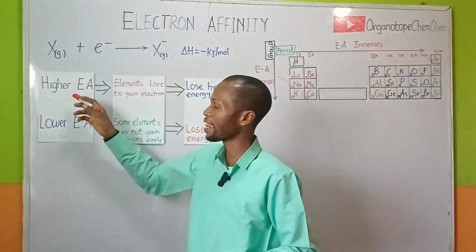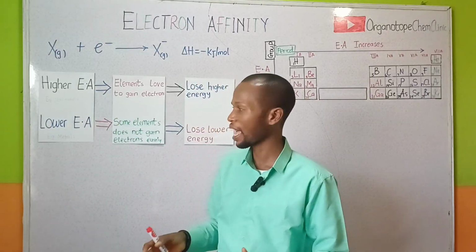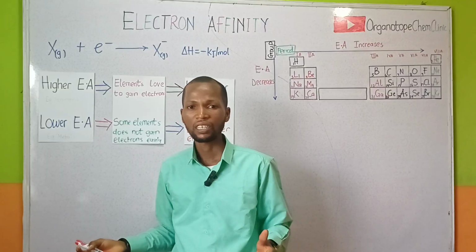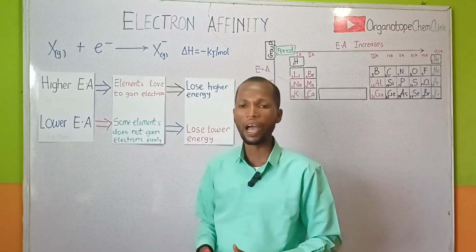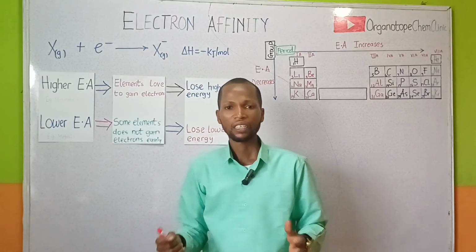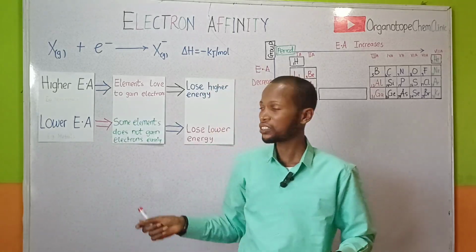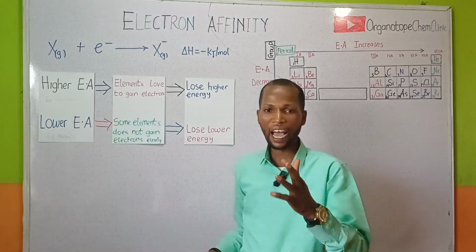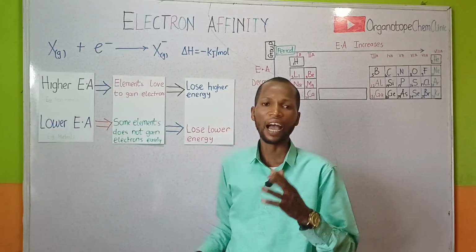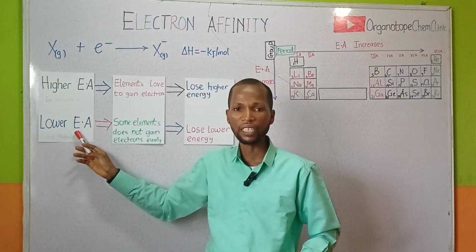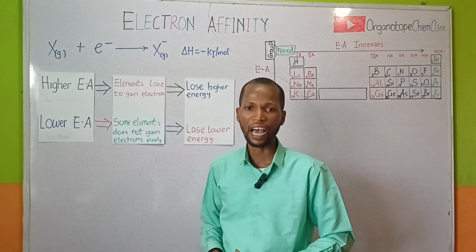Elements with higher electron affinity are likely to be non-metals, while those with lower electron affinity are likely to be metals. That is, non-metals exhibit higher electron affinity as compared with the metals with lower electron affinity.